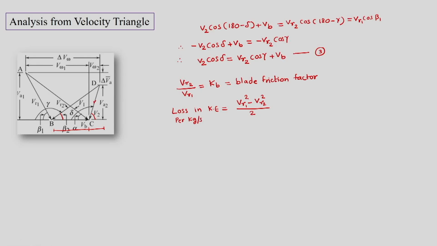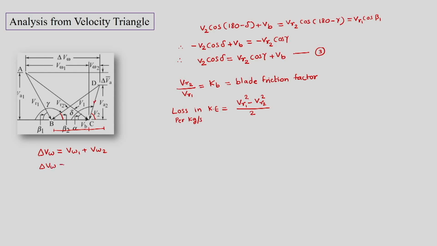So, this is the loss in kinetic energy or power due to the friction inside the blades. Now we are interested in finding out delta VW. So, delta VW is equal to VW1 plus VW2 from this velocity triangle.